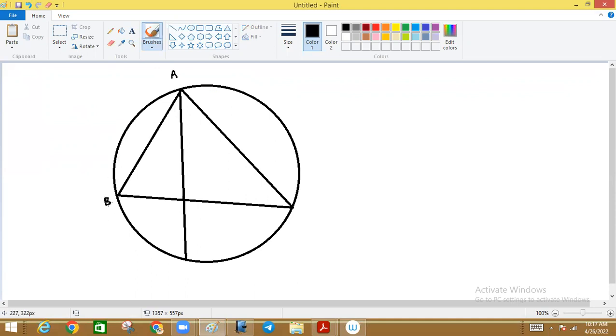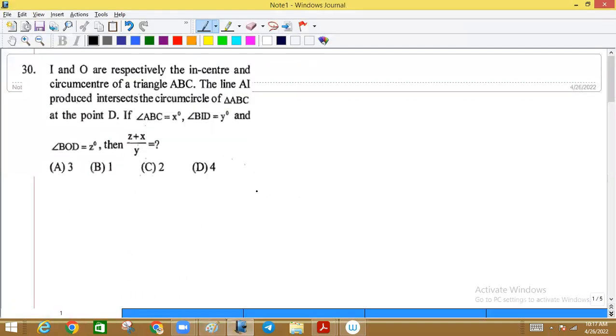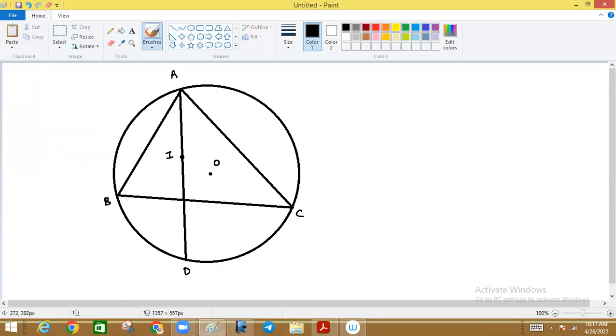ABC. This is D. Somewhere here is the incenter. I'll take the circumcenter here. Angle ABC is equal to x degrees, given. Somewhere here it is x degrees.